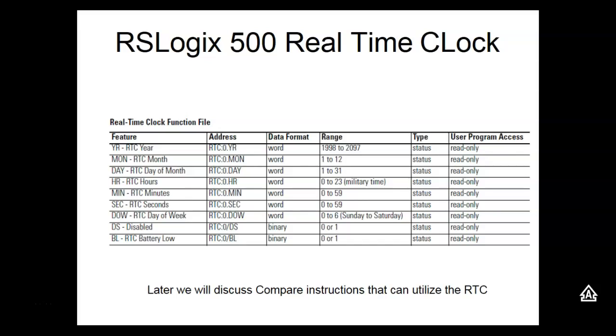And later on, we're going to get into what we call compare instructions, which would allow you to make things happen on certain days, like every Wednesday or something like that. But this is built in, so what even Siemens PLCs don't have is a register that's just there. You have to access this.